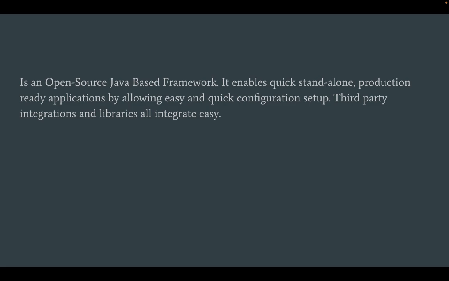And it's quick and easy configuration, which means whatever you want to define for your particular application is easily available and easily configurable. Things like where you want your API port to point to, or what port you want to expose for your service, are easily available within your application properties.